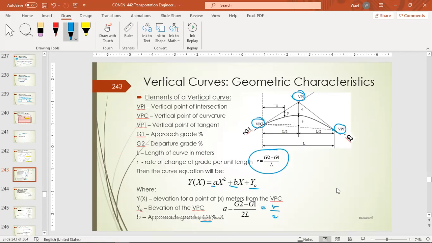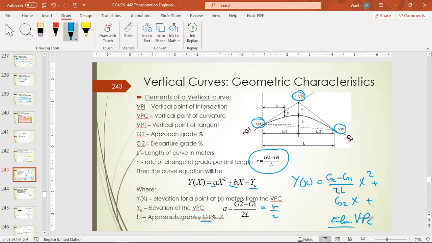So in other words, you can write it this way: y of x equals G2 minus G1 over 2L multiplied by x squared, plus G1 multiplied by x, plus the elevation of VBC.